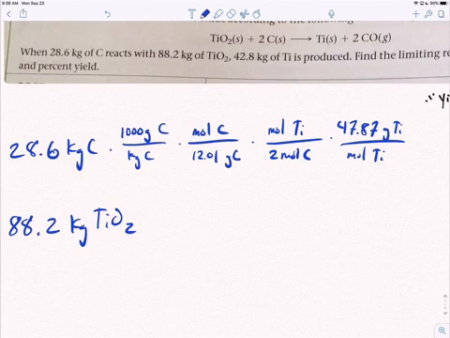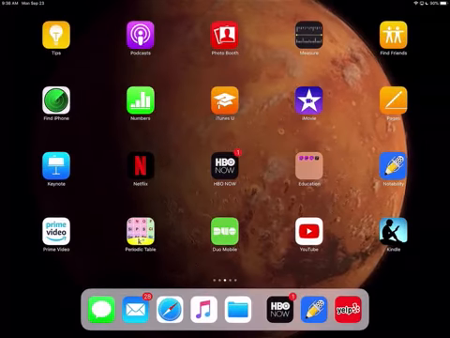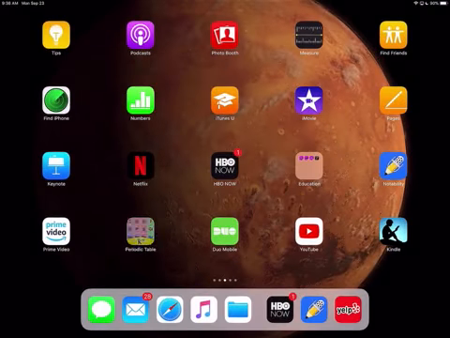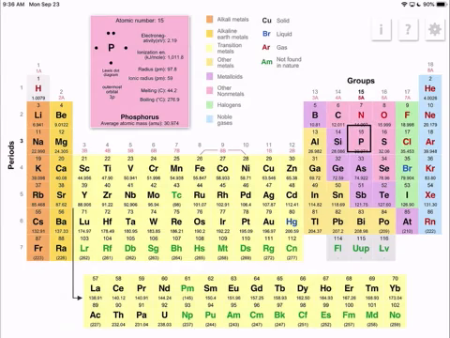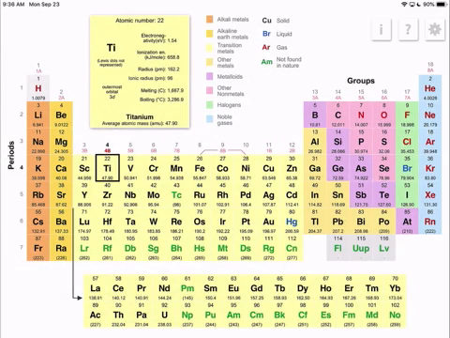Where am I getting that from? I'm getting that from the bottom number of the periodic table for titanium. So let me go to my periodic table. You can't really see, but here's titanium, and this says 47.9. The textbook says 47.87. But the number right here underneath titanium is where you get that number from.